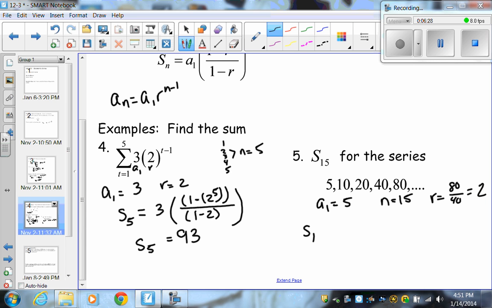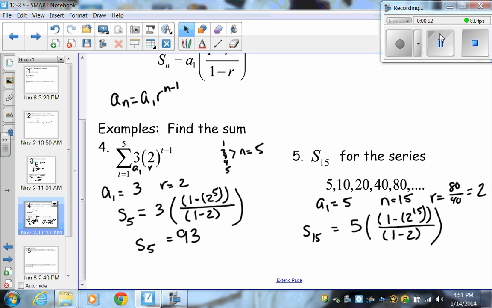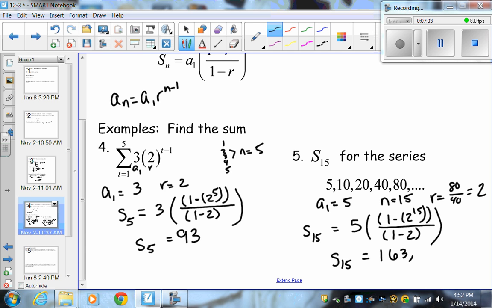So the sum of the first 15 terms equals the first term, which is 5, times 1 minus r to the n, over 1 minus r. If we type this into our calculator, we get that the sum of the first 15 terms is 163,835.